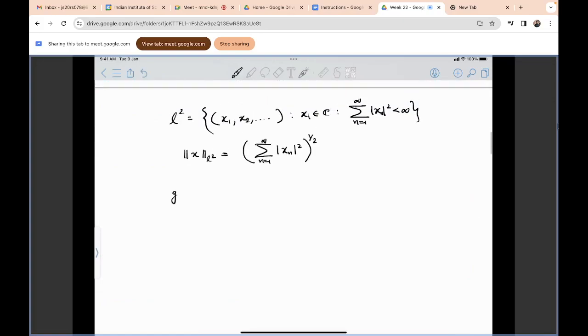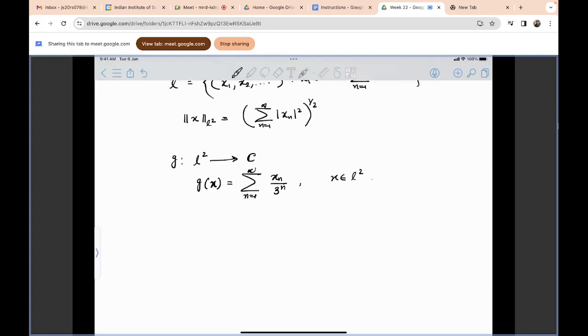Now G is from L2 to C, defined as G of x equals summation n equals 1 to infinity of xn by 3 to the power n, for x in L2. So you have to find the operator norm of G, the supremum of |Gx| such that the L2 norm of x is less than or equal to 1.